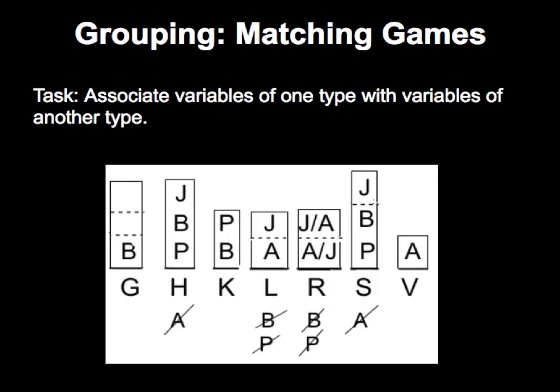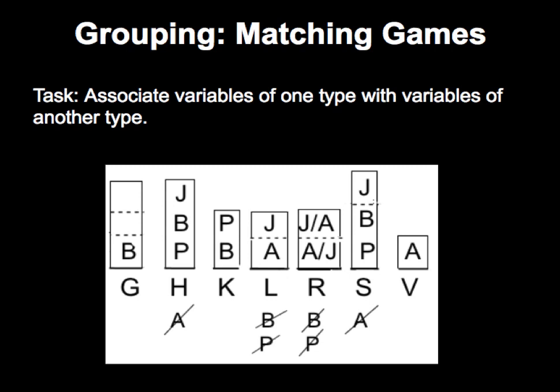Here's an example of what a grouping matching diagram might look like. You see here that we have the variables A, B, J, and P being placed on top of the 7 variables listed across the bottom.